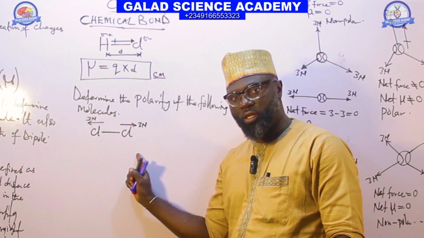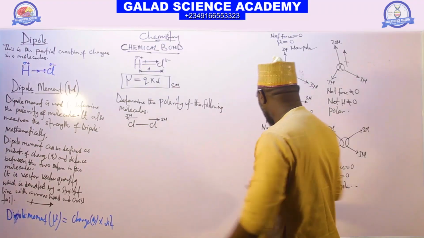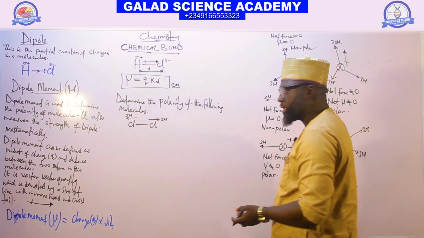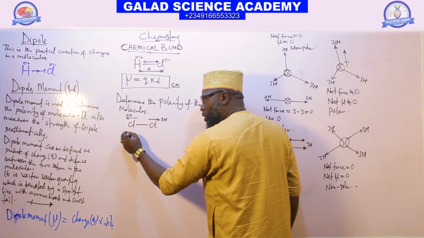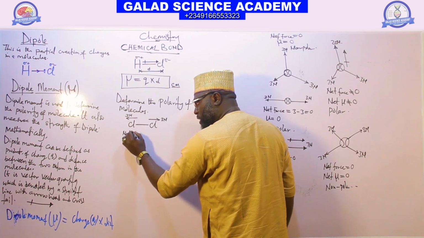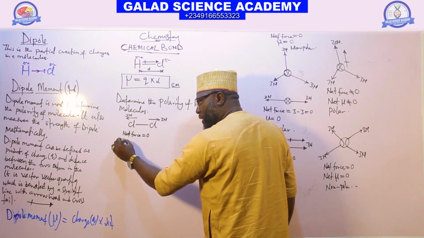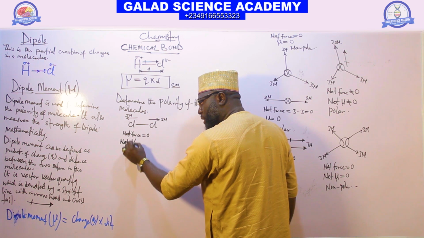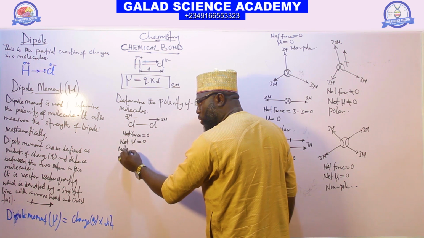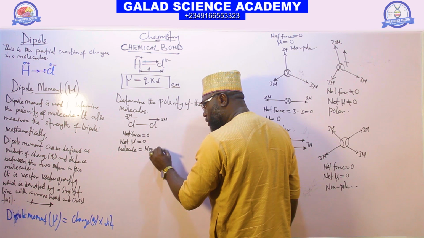Two of them have the same force. Whenever we have the same force, they will cancel each other. So the net force here is equal to 0. Therefore, net dipole movement is also equal to 0.